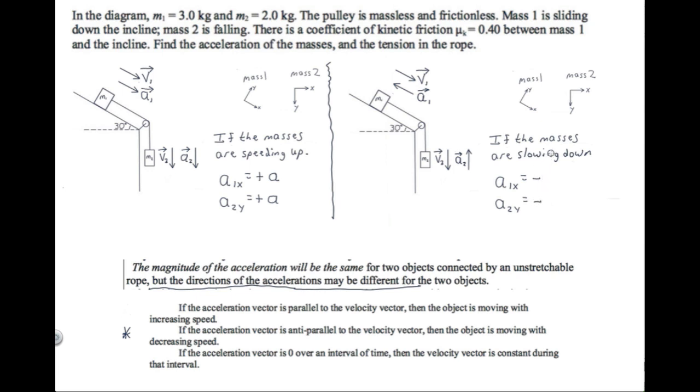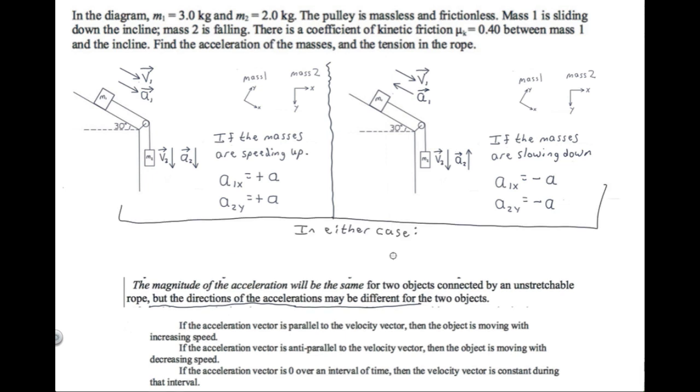So if the masses were slowing down, both accelerations would be negative. Now, because they're connected by the rope, they would still have the same magnitude of acceleration. So we can still use the symbol a for the magnitude of the acceleration of object 1, and the same symbol a for the magnitude of the acceleration of object 2.